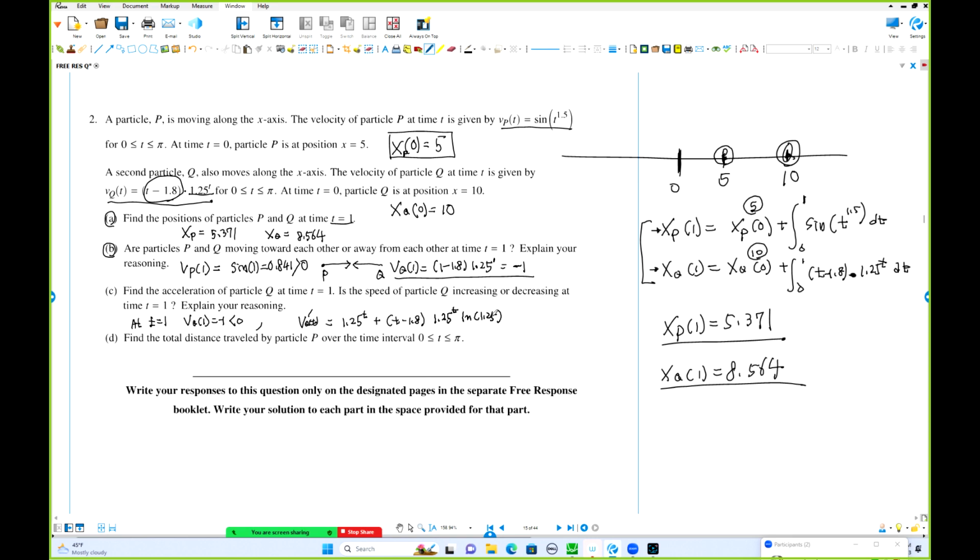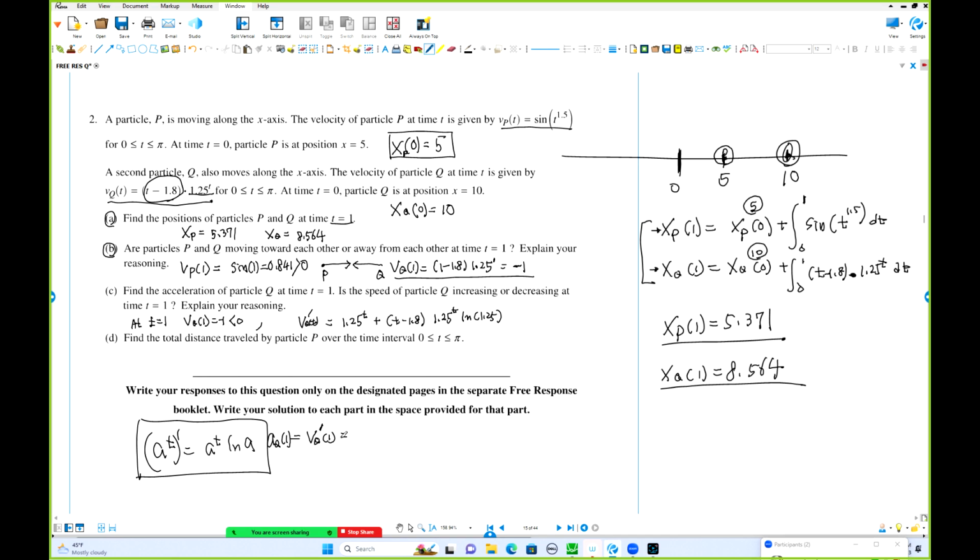To understand, the derivative of a^t is a^t times ln a, where a is 1.25. Now put the number 1 there. That is the acceleration of particle Q at time t equals 1.